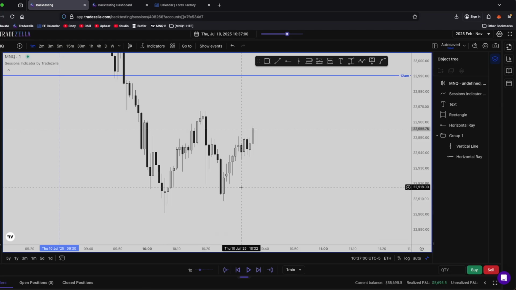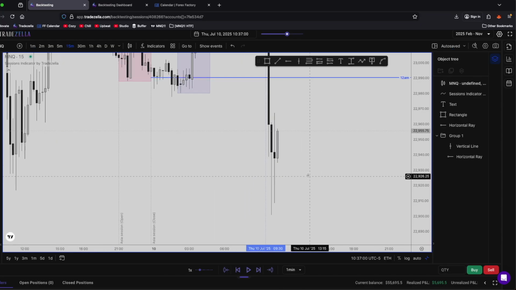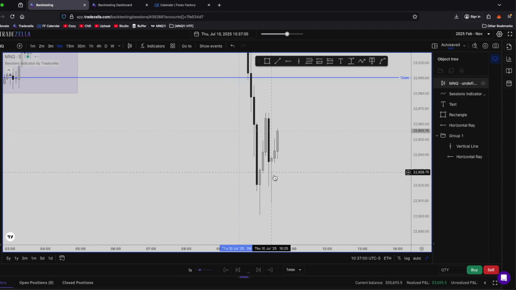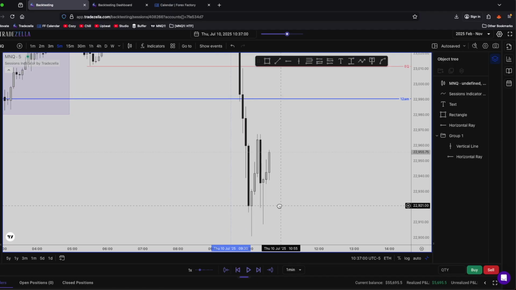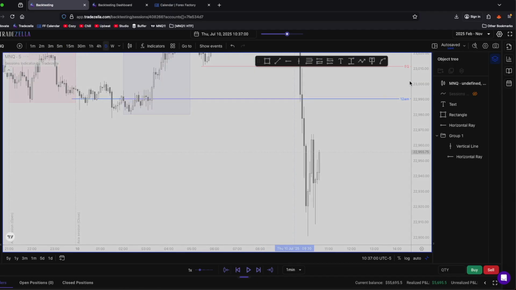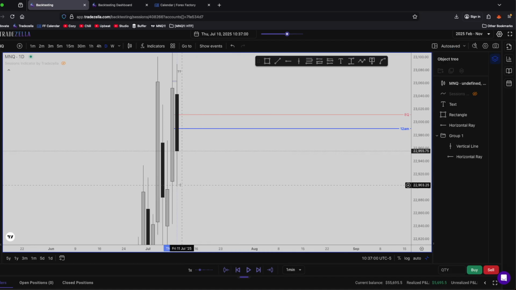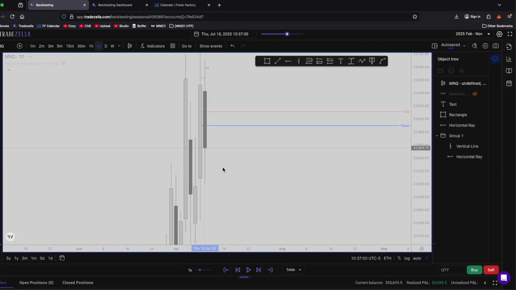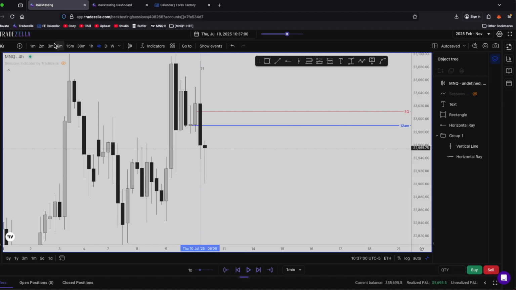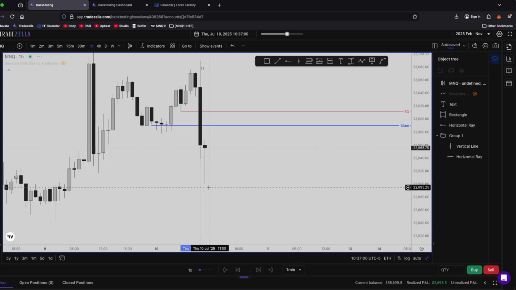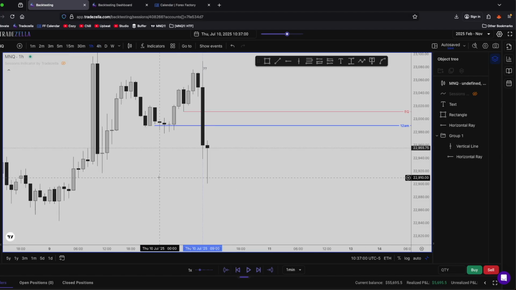I just noticed this, and there's a 5-minute gap. Tapped into that daily volume imbalance. Tapped into that 4-hour. Tapped into that 1 hour. I might have missed it.